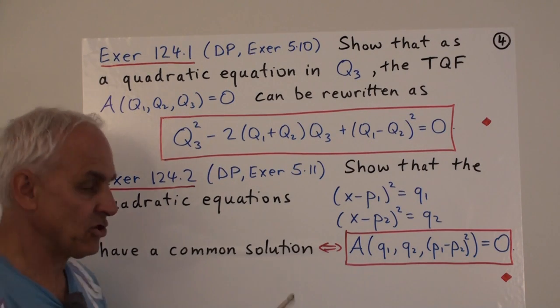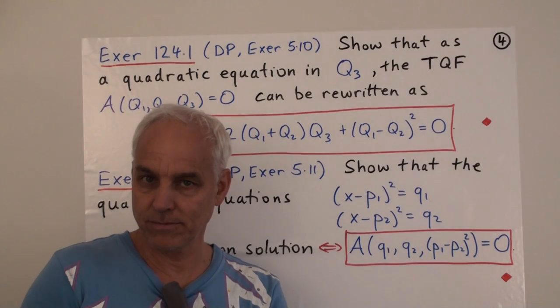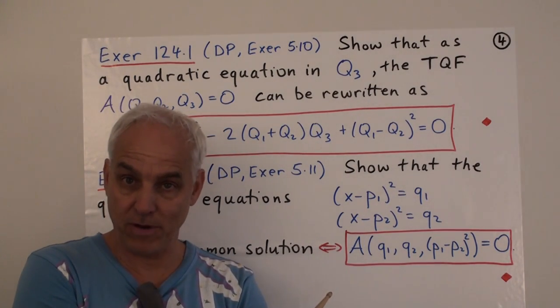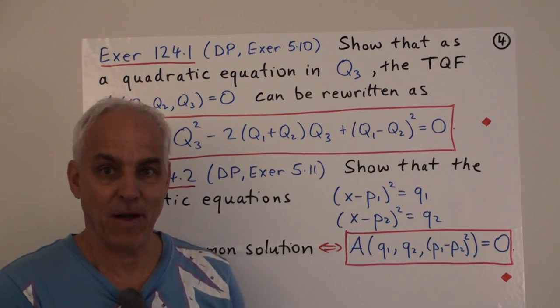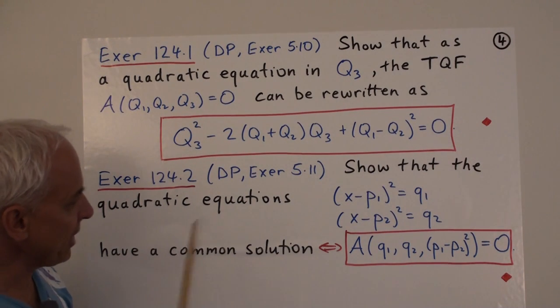So if we're trying to solve for Q3, say, in terms of Q1 and Q2, and we know that they satisfy the triple quad formula relation, then this is the quadratic equation that we have to solve. And here's another exercise.